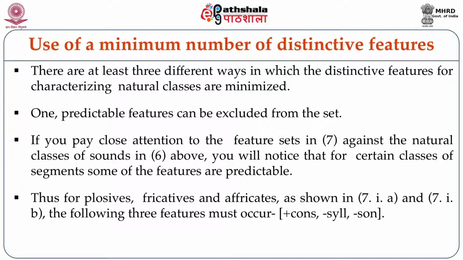So, given the set of features such as plus minus syllabic, plus minus consonantal, as we saw in describing the obstruents in the set of data that we discussed, for example, voiceless fricatives and affricates or voiced plosives, fricatives and affricates, what we find is that in all the descriptions of obstruents, we begin with something like plus consonantal, then we say minus syllabic, and then we come to minus sonorant.